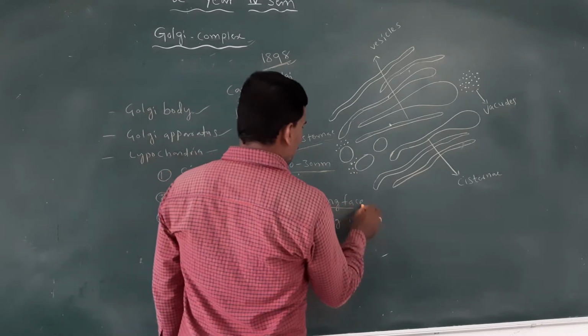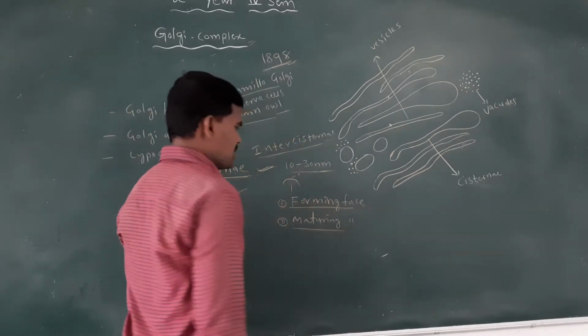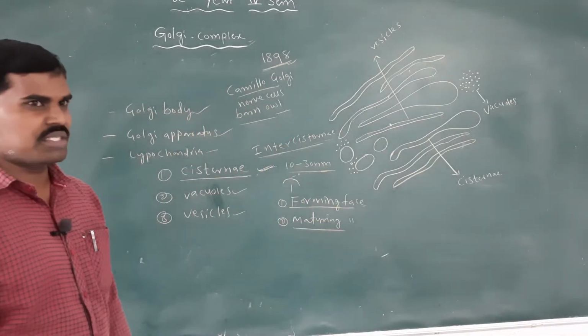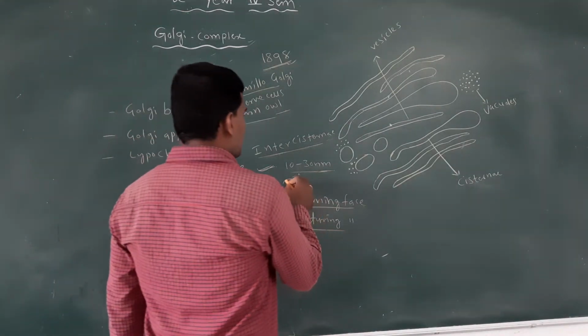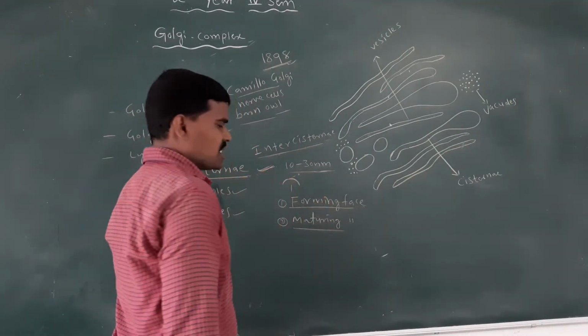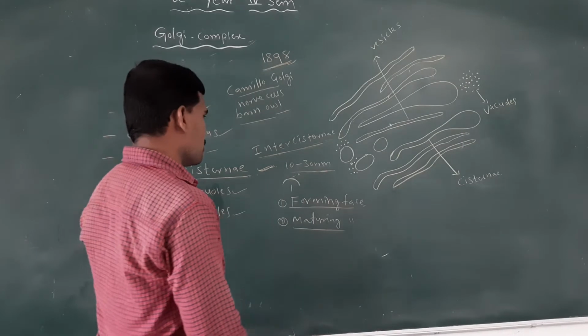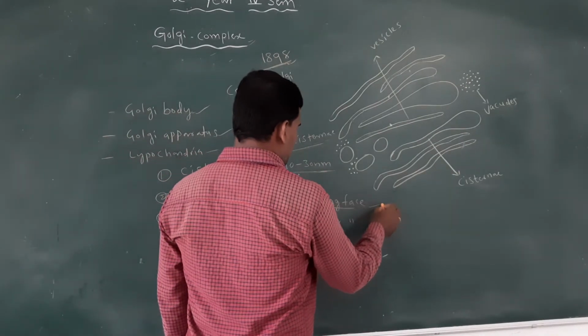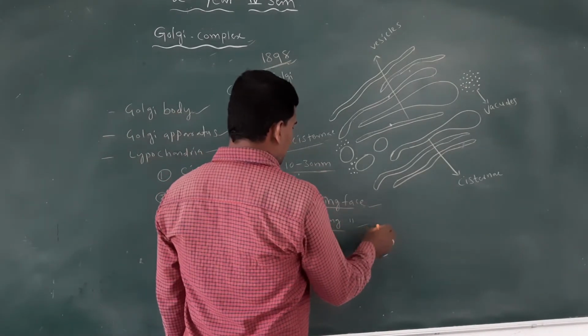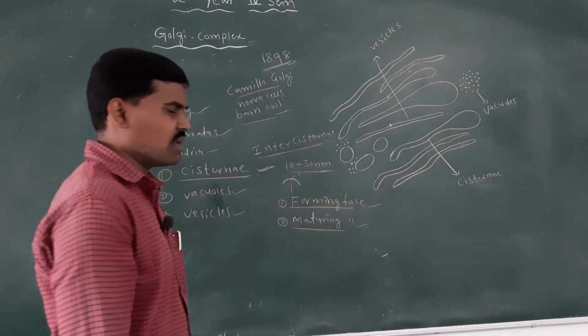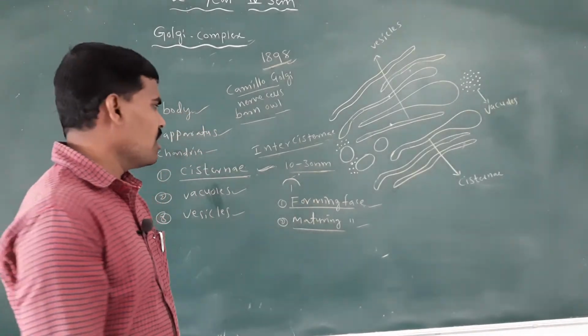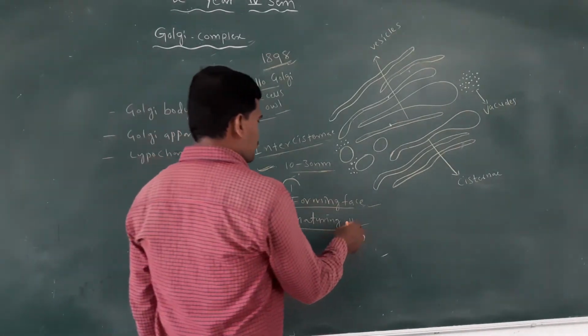The outer convex surface is called the forming phase, and the concave surface is called the maturing phase or maturation phase.